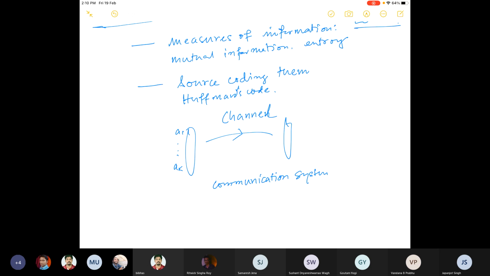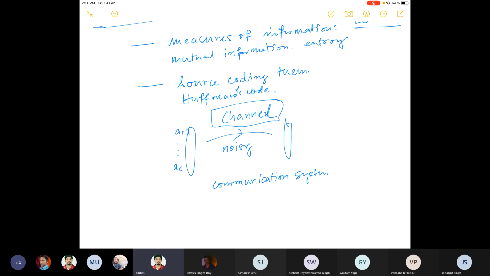Now we'll talk about the channel, and this channel is noisy. If you remember the first class, we talked about transmitting messages. A message means a sequence of alphabets, a sequence of letters. For example, if you write an email, it is nothing but a sequence of alphabets.